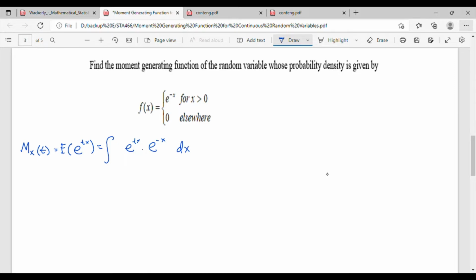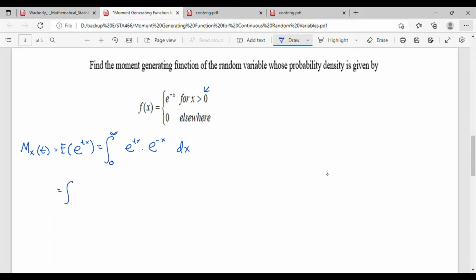If the random variable denote as y, so kena integrate terhadap y lah. So here will be 0 to infinity because of the interval for random variable x is from 0 until infinity.